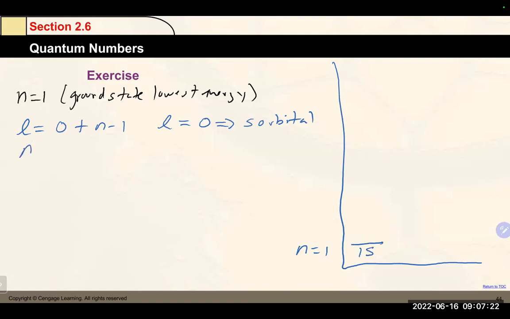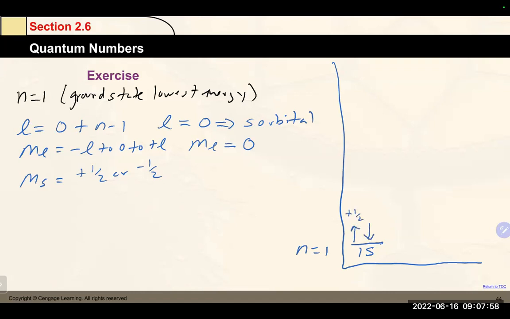Our m sub L could go from minus L to 0 to plus L. In this case, since L is equal to 0, the only value for m sub L that we could have is 0. Lastly, the m sub S here could be plus 1/2 or minus 1/2, because we could put 2 electrons in that orbital. The first one could go in, and that would be plus 1/2.